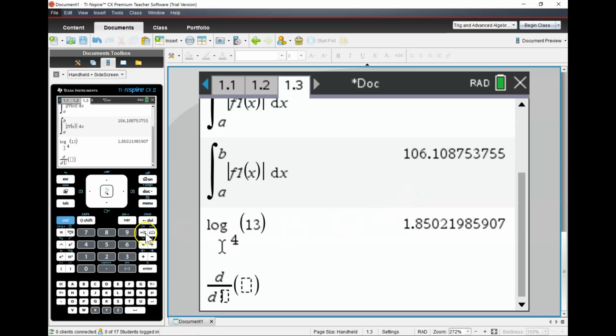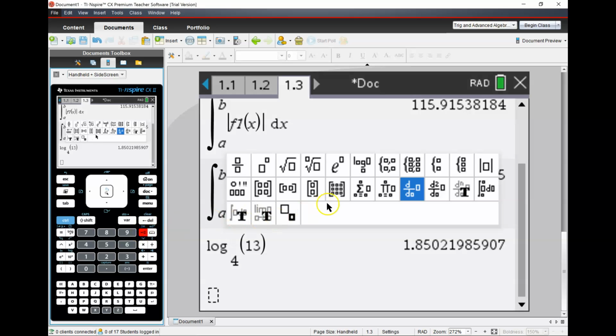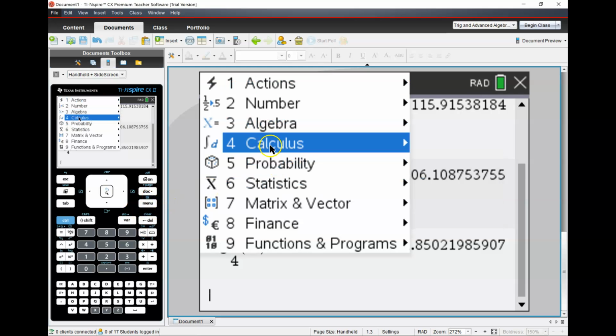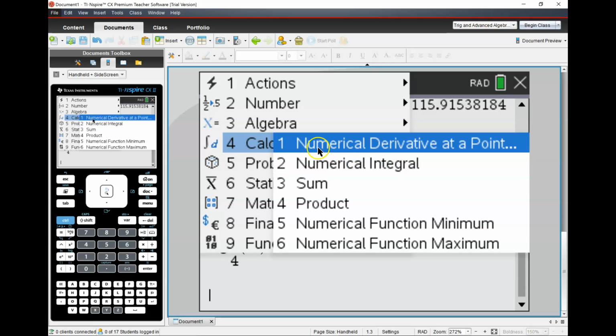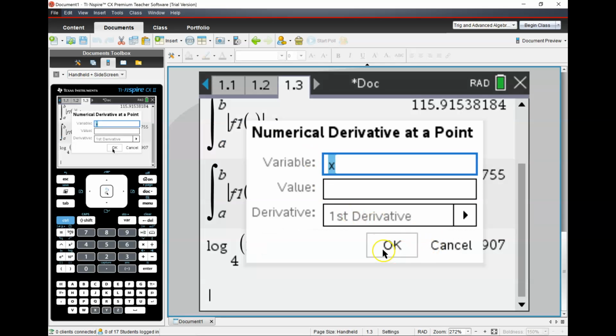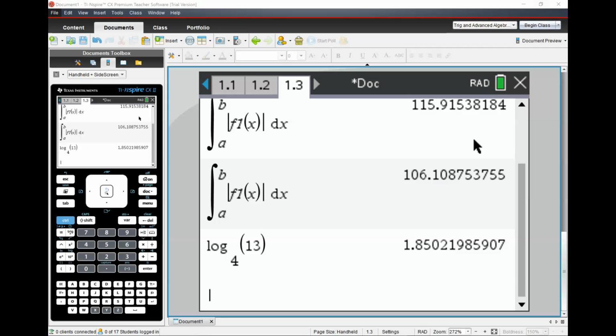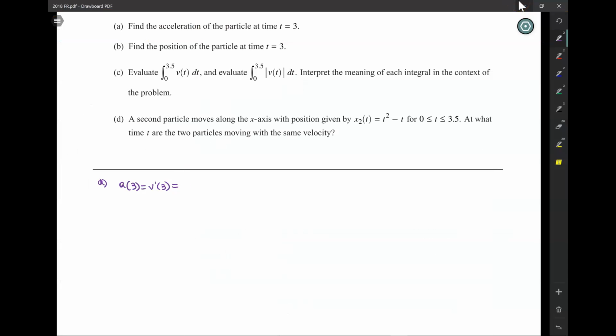First derivative at 3. Okay, so then just go to menu. That's what you do. And you get -2.118. If you just write this, you get the full point.